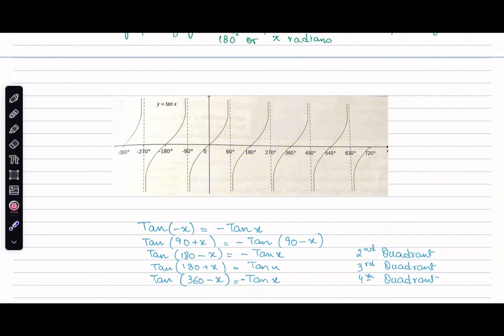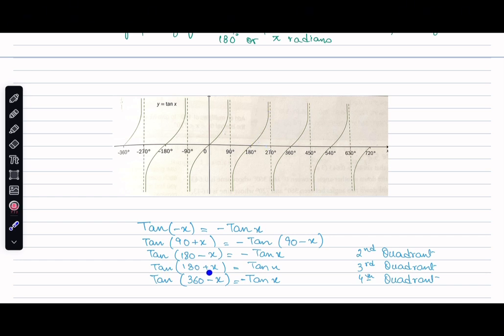If I go by the basic angle and the general angle, I can relate them as tan of 180 minus x equals negative tan of x. That is the second quadrant property here. Then for the third quadrant, 180 till 270, all the tangent values are positive.